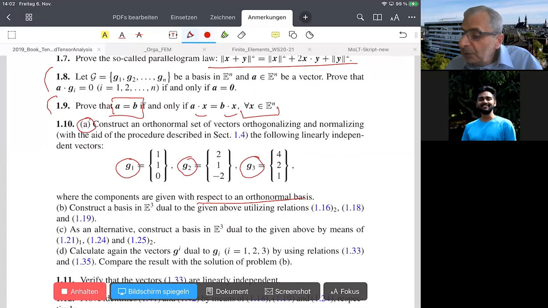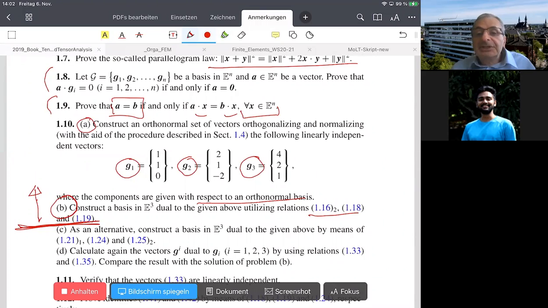Then you are asked to construct the basis dual to it using these matrices alpha and beta, using this relation. Please stop here, because the rest we have not discussed. Up to here, please try to do everything, and we will discuss as much as we can next Friday morning.